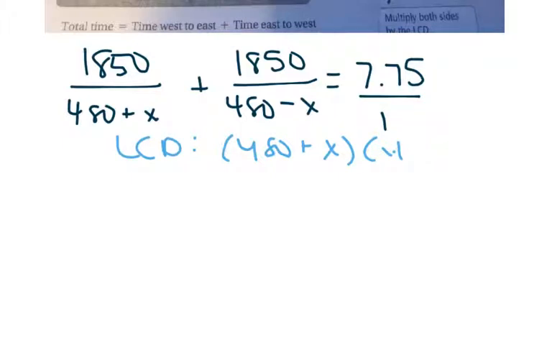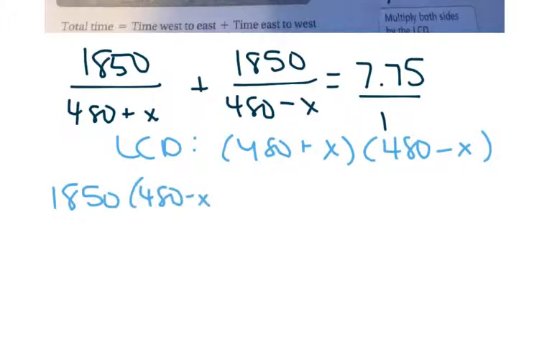Sorry, my pen is starting to not work. 480 minus, there we go. So remember I said when we get the common denominator, we're going to figure out what each fraction is missing, and then I don't care about the denominators anymore. So the first fraction is missing the 480 minus x.